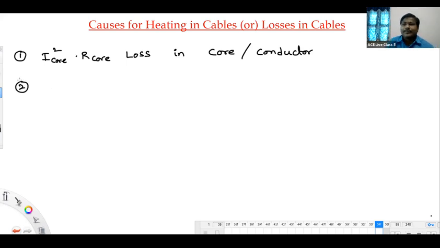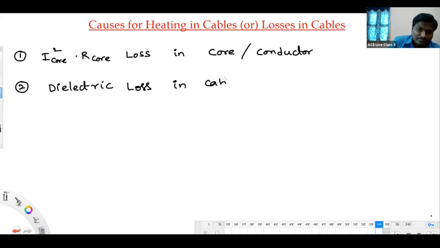Second one: dielectric power loss in the cable dielectric material.